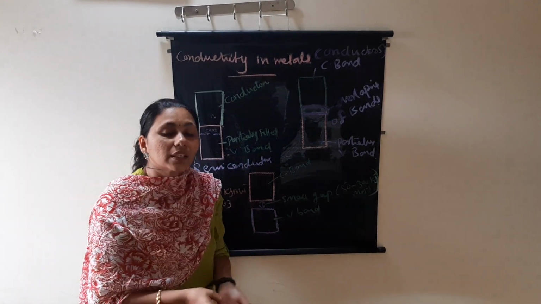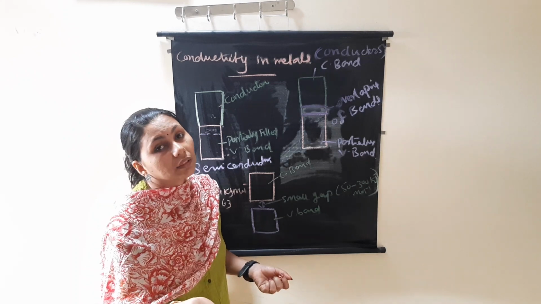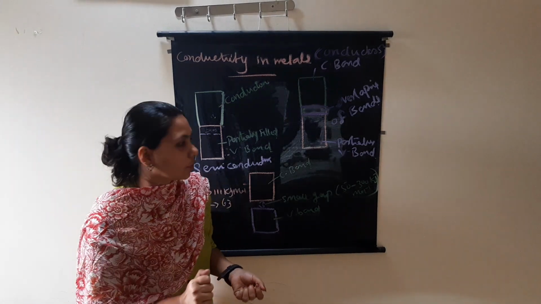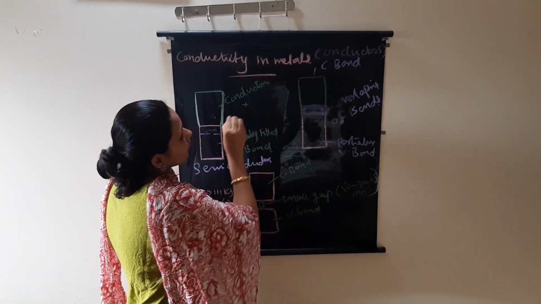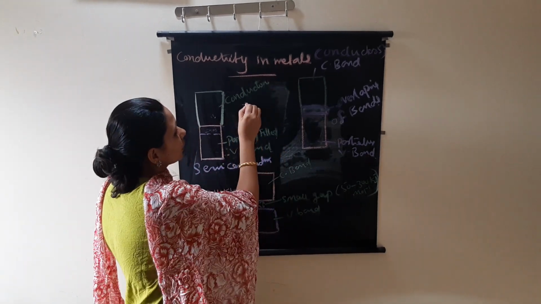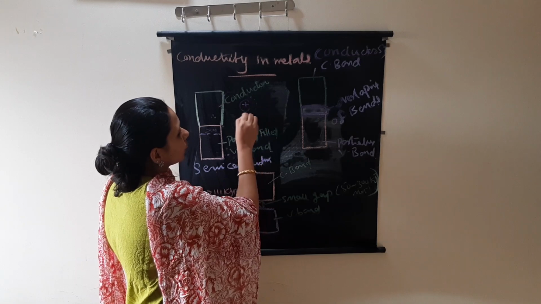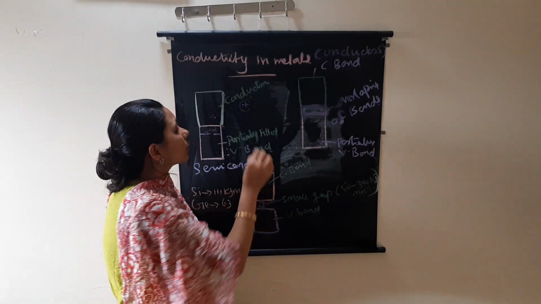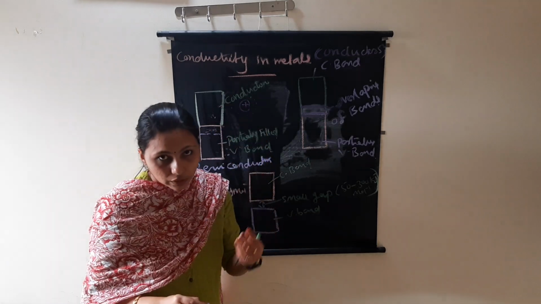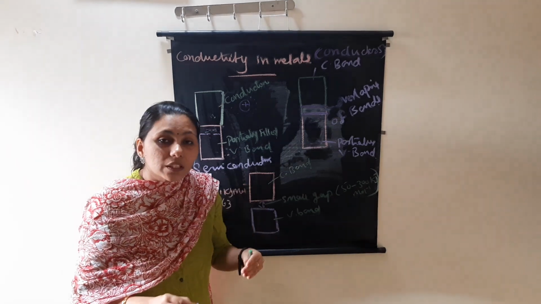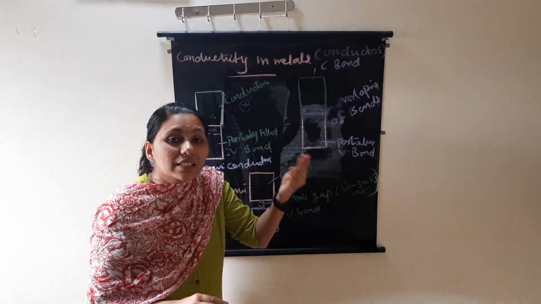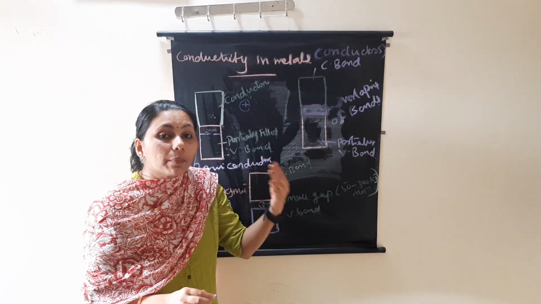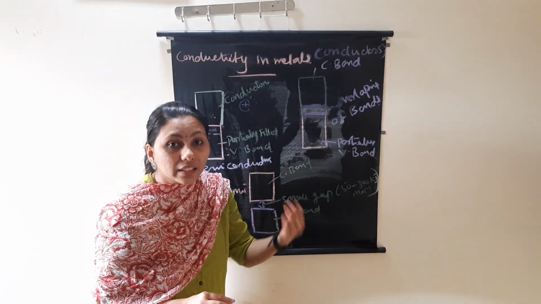When the temperature is increased, what will happen to the conductivity of metals? We know in metals there is a positive kernel, a positive charge surrounded by a sea of electrons. These positive kernels are vibrating. When the temperature is increased, the vibration of these kernels increases.